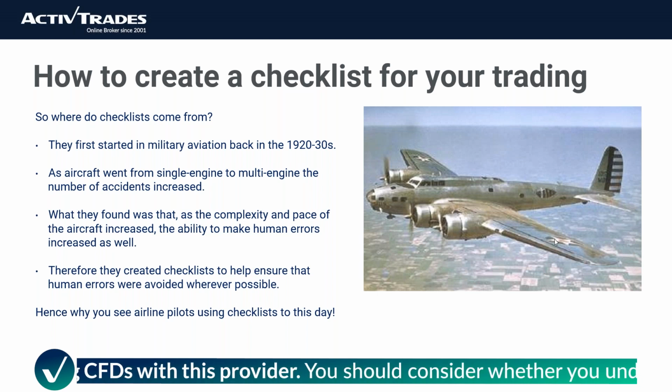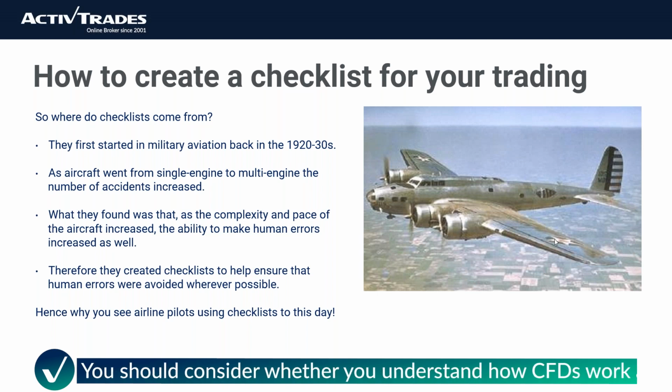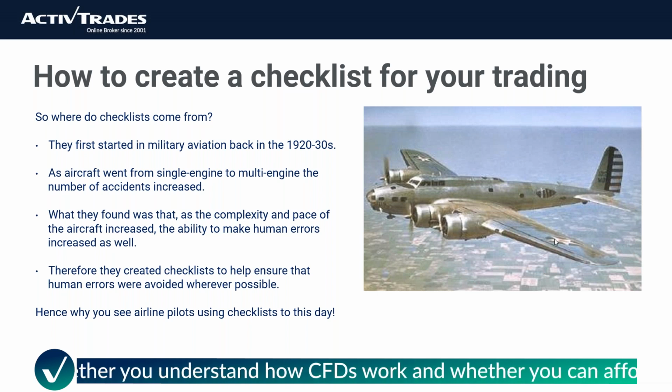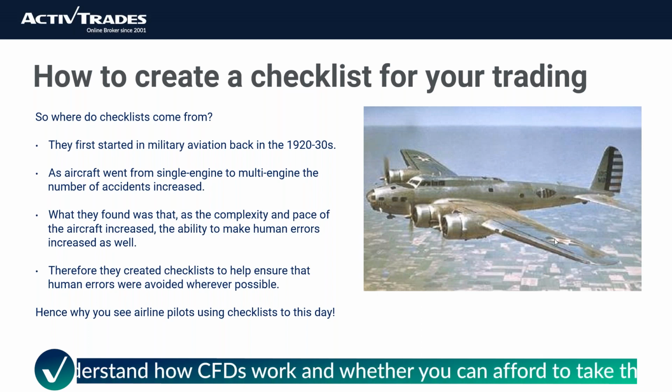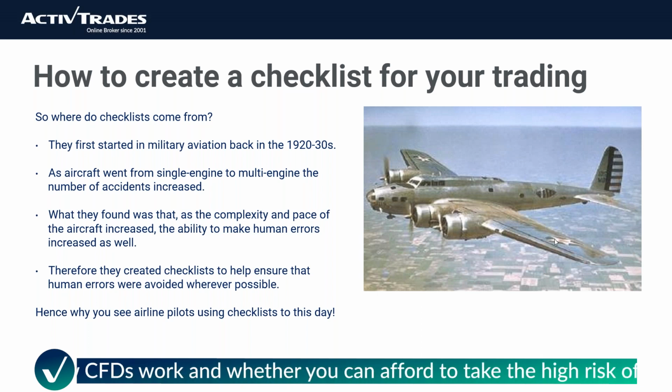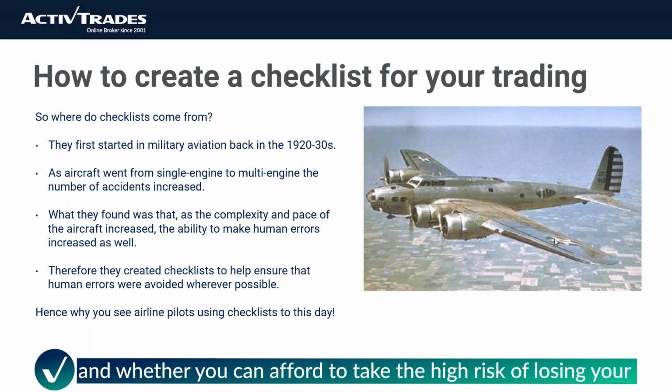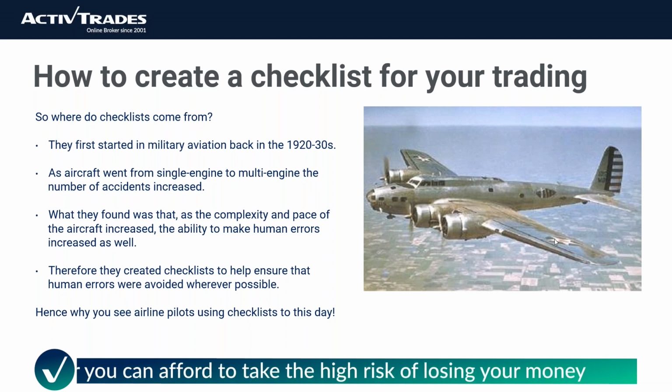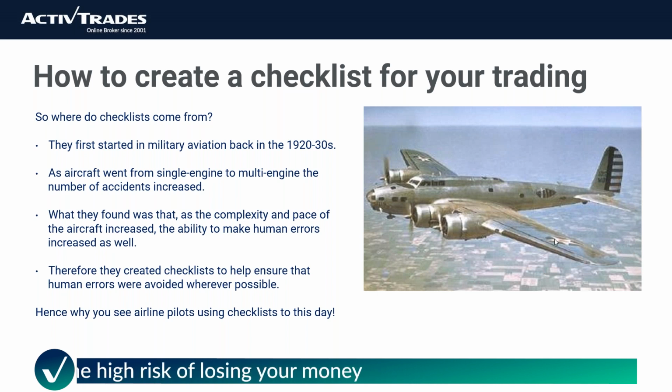And what we saw was that as aircraft went from single-engine to multi-engine, the number of accidents increased. As the complexity and the pace of the aircraft increased, the ability to make human errors also increased. And therefore, they created checklists in order to help ensure that human errors were avoided wherever possible.